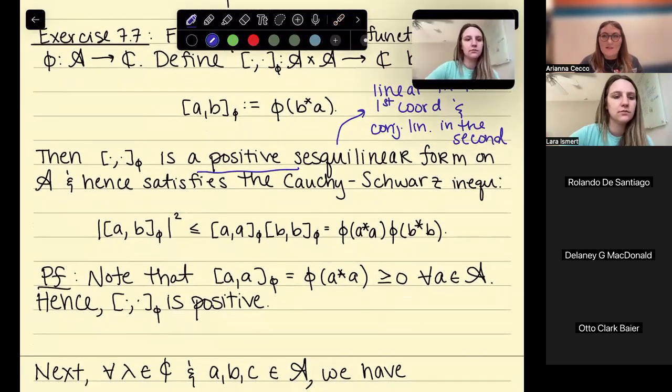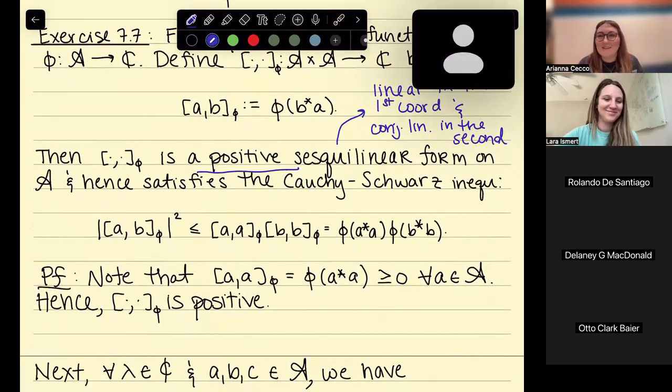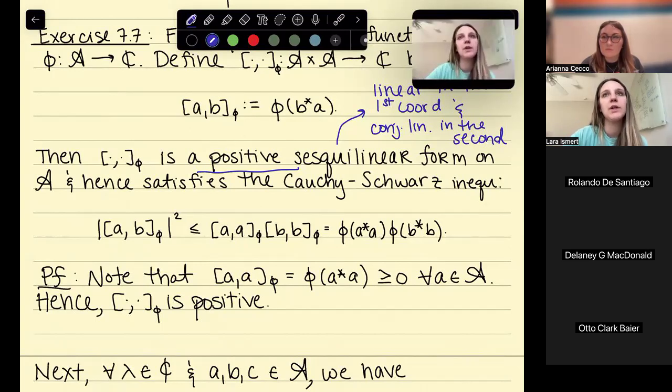What this means is, if you feed in a positive element, which is something like a star a, then that's always a positive thing. What does it mean for a sesquilinear form that takes Cartesian products as inputs? We're talking about a positive or positive definite pre-inner product.